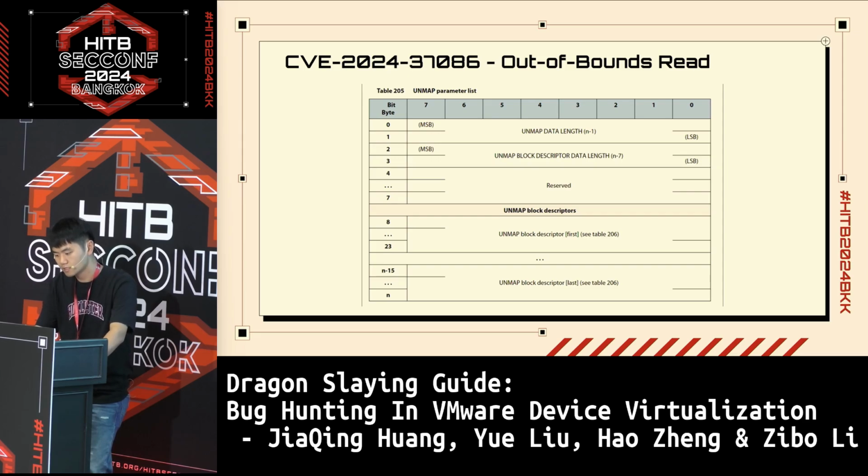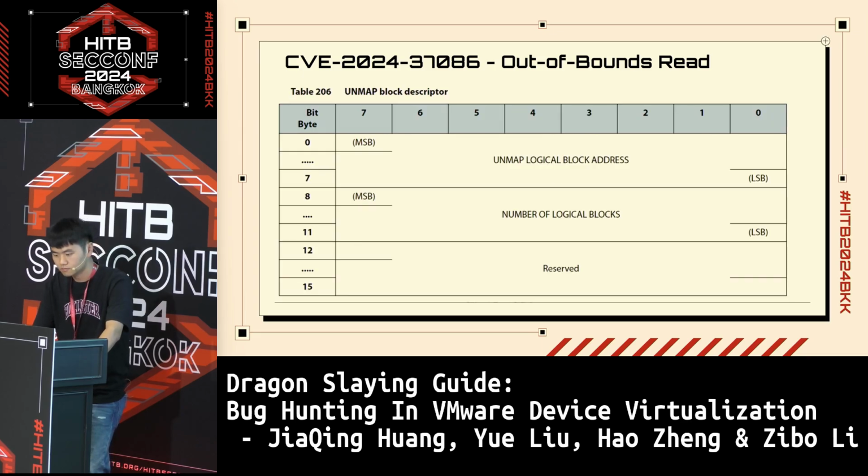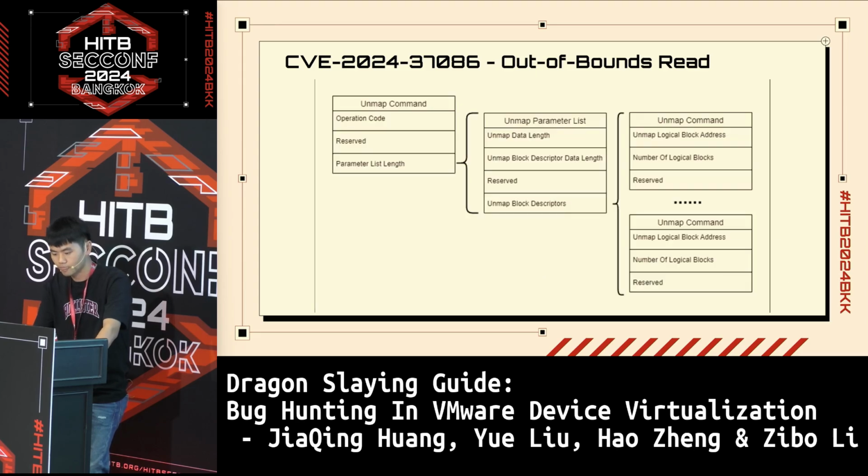The unmap parameter list header consists of 3 fields: unmap data length, unmap block descriptor data length, and reserved. The unmap block descriptor consists of 2 fields: unmap logical block address and number of logical blocks. These 2 fields indicate the starting address and length of the block that the user wants to unmap.